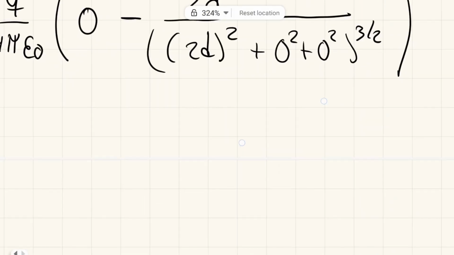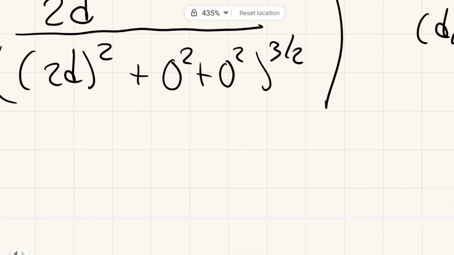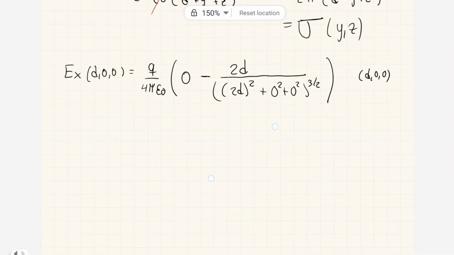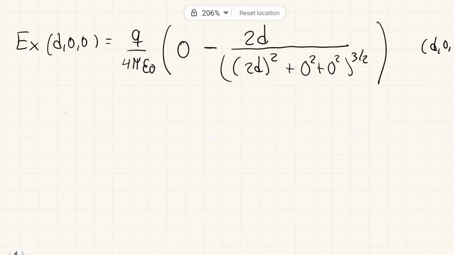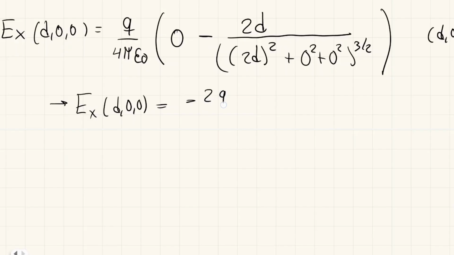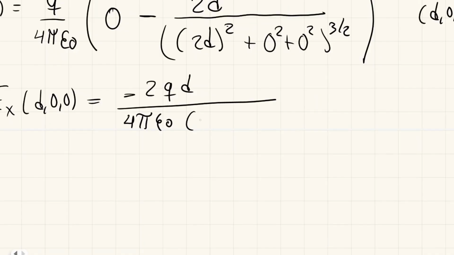Again, remember that the charge q is located on the point (d, 0, 0). So that means that the values of y and z are 0. That's why I wrote these zeros here. Perfect. And remember that we saw that the first term was going to be equal to 0. So the electric field on the charge q is going to be negative 2 times q times d divided by 4 pi epsilon 0, and then these 2 will cancel with these 2, and we are going to have (2d) to the third power.